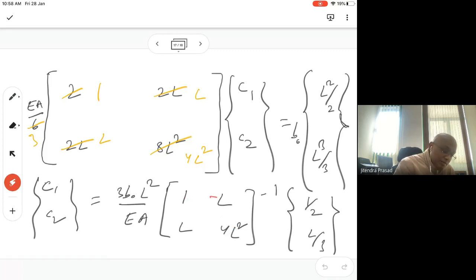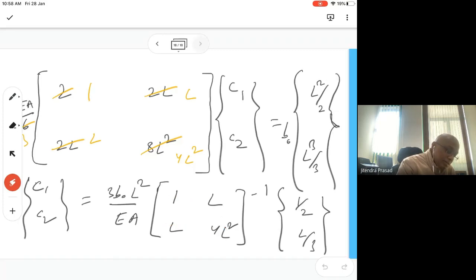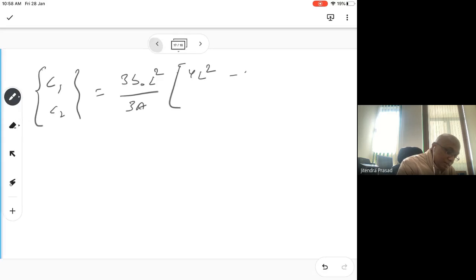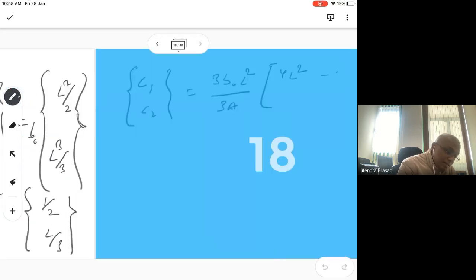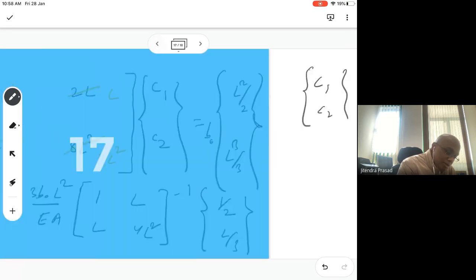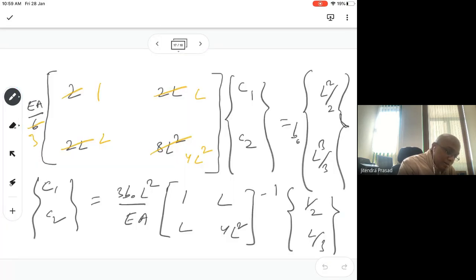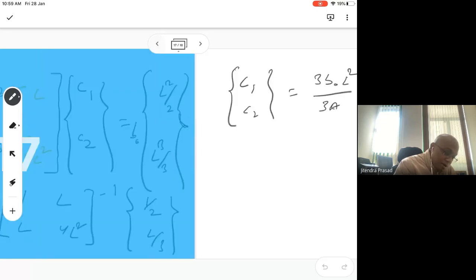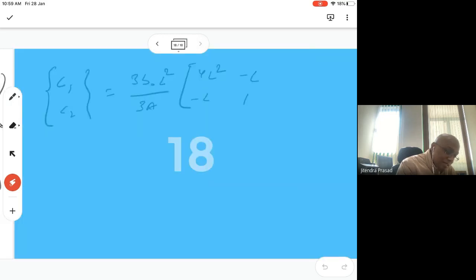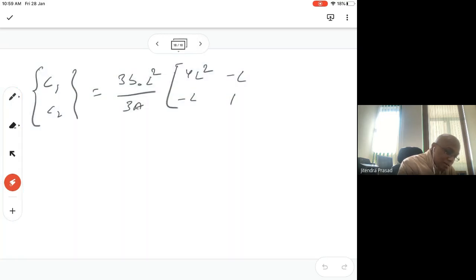And then minus here, right? So you have 4L square minus L, minus L1, and divided by 4L square minus L square, which is 3L square. We divide by 3L square.